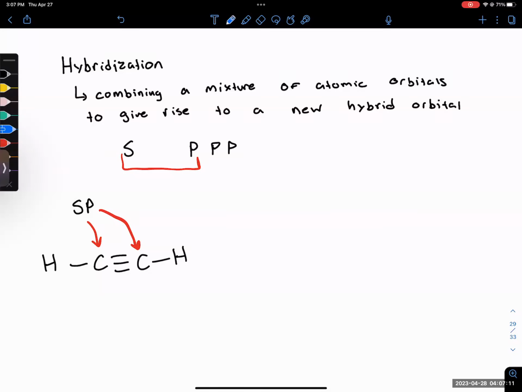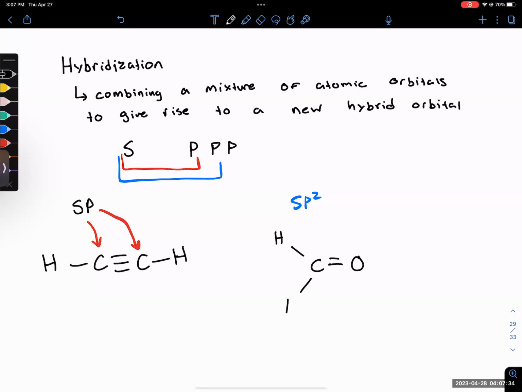If we take an s orbital and hybridize it with 2 p orbitals, we make something called an sp2 hybridized orbital. That is when, again, you have 3 things connected to an atom. You're going to see this a lot later down the line, but it is carbons that are sp2 hybridized.